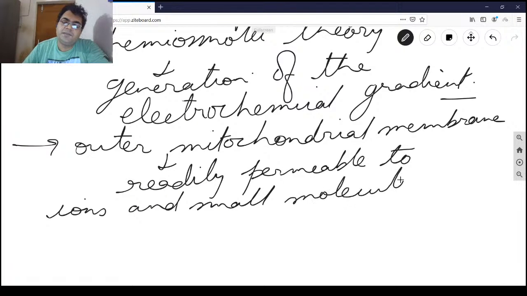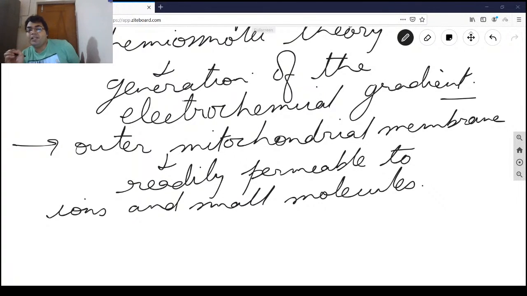Next is the inner mitochondrial membrane, on which many transmembrane proteins are present. If you remember, I also explained that on the inner mitochondrial membrane there is one more transmembrane protein known as the mitochondrial pyruvate carrier, MPC, which transports the pyruvate molecule to the matrix, where the Krebs cycle continues.